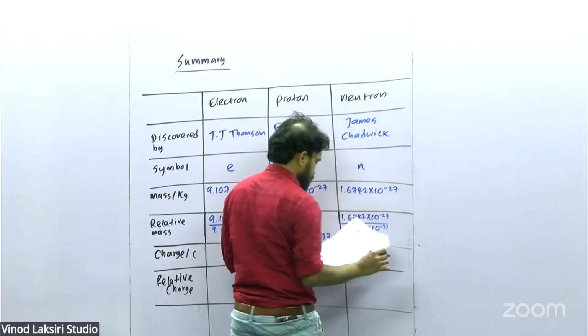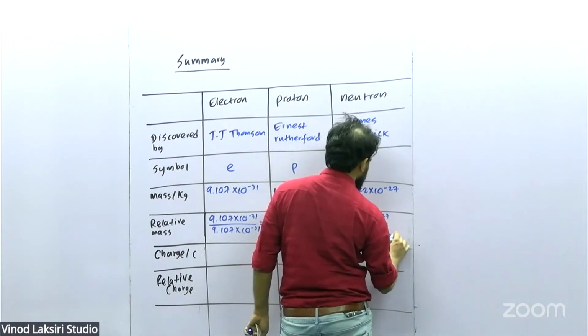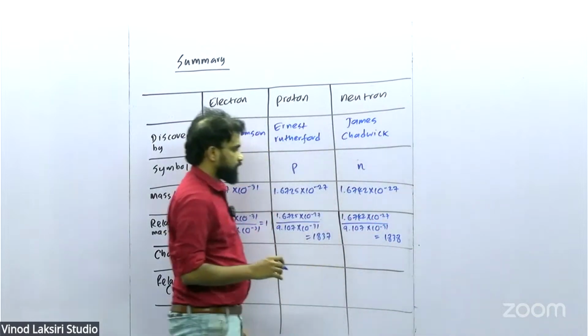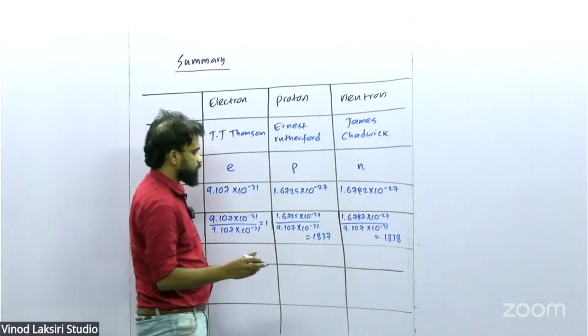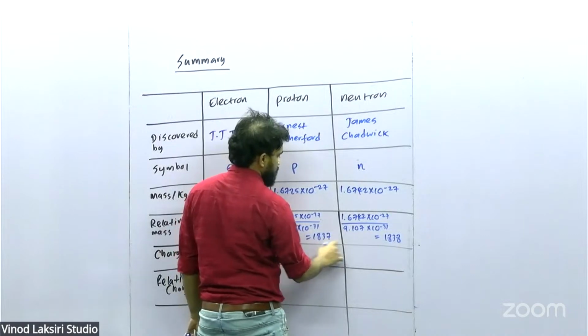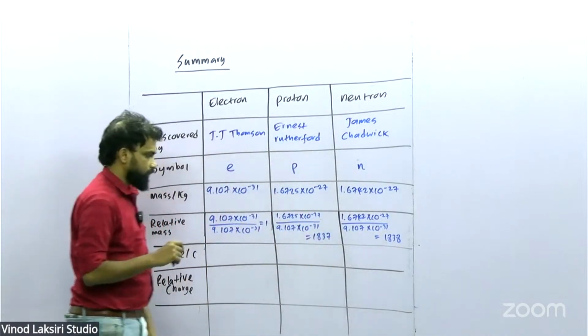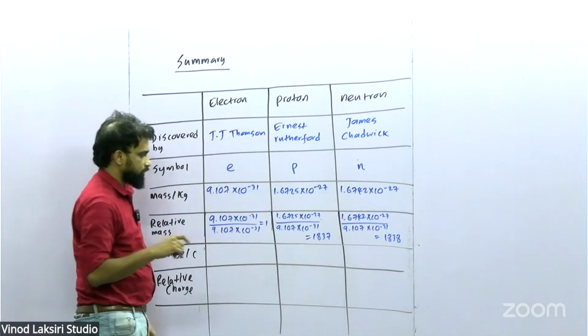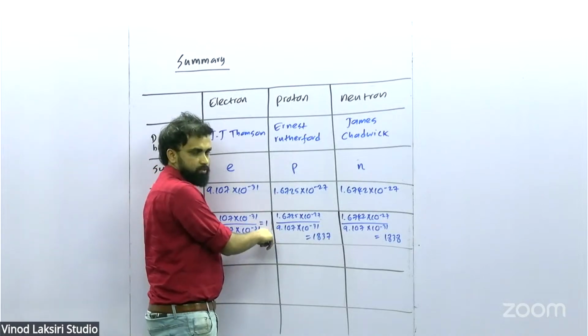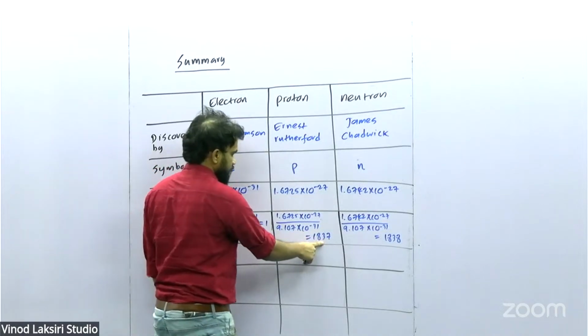Then what is the answer? 1838. So we can see the mass of proton and neutron are approximately equal, with a very small difference. If the mass of electron is 1, then this is 1837, this is 1838.